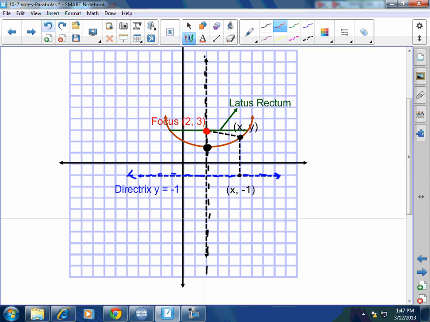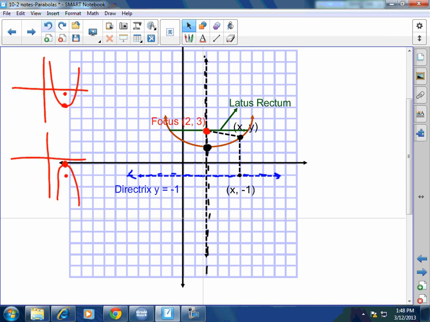Look at some things that are easy to recognize. The focus is always going to be above the vertex, or to the right of the vertex, or to the left of the vertex. If I have a graph that's going up like this, here's my vertex, my focus will be up here. If I have a parabola that's going downwards, here's my vertex, my focus will be right here.